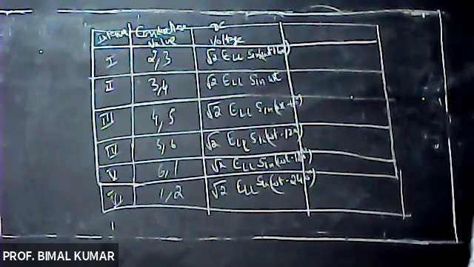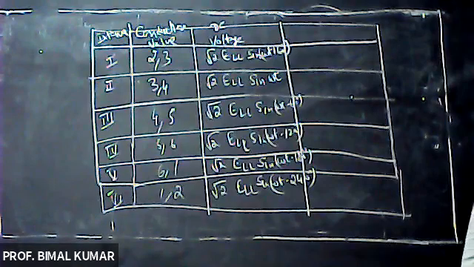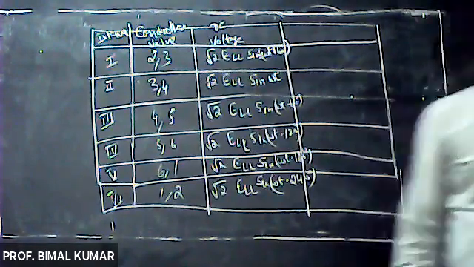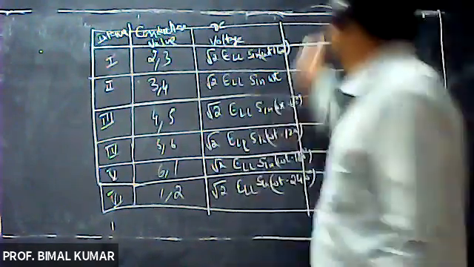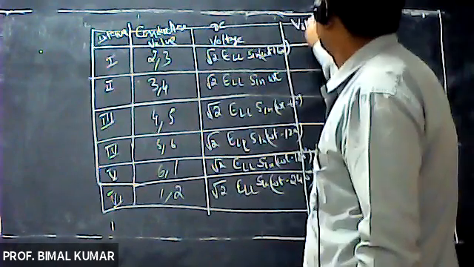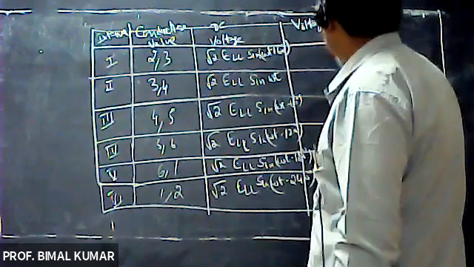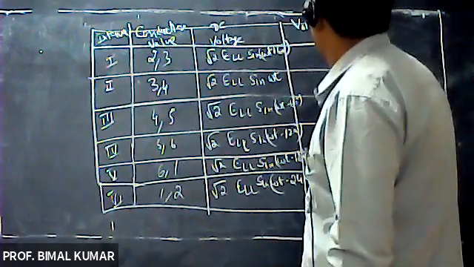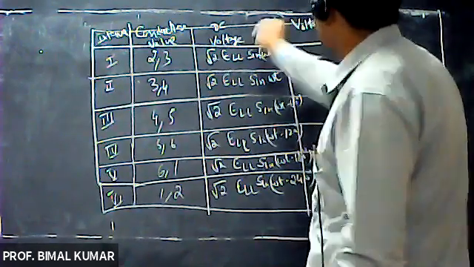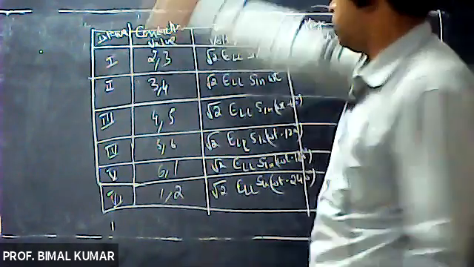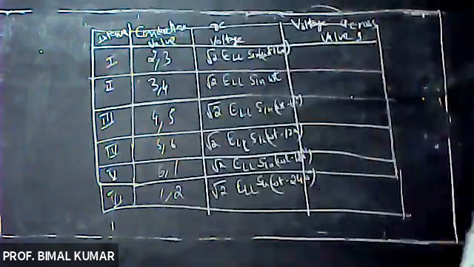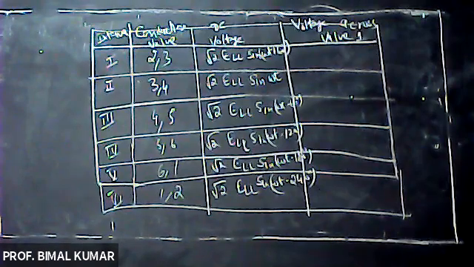Then after that, I'm just considering the voltage across valve 1, which I had already discussed during the previous part of this lecture, right? So here this will be EAB.